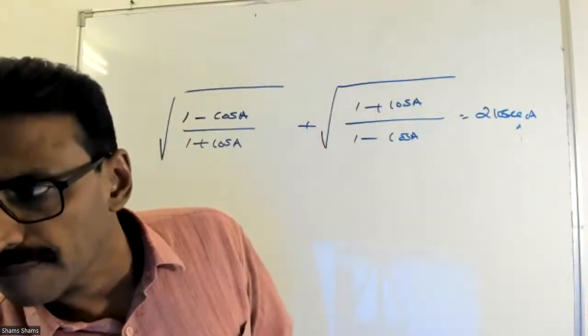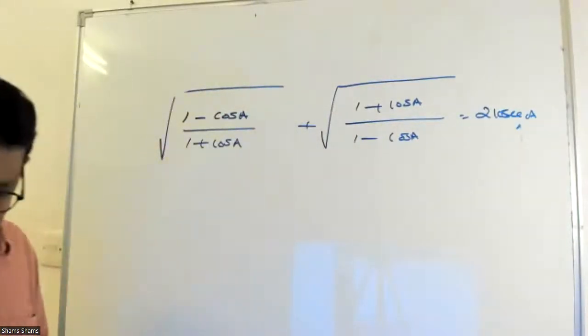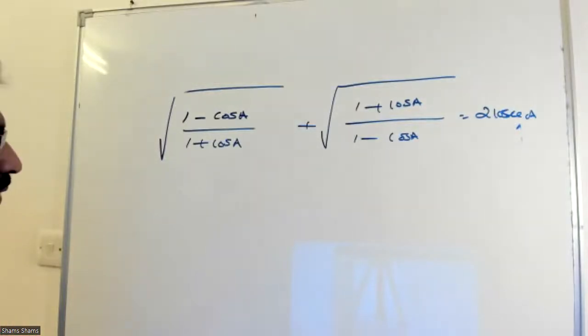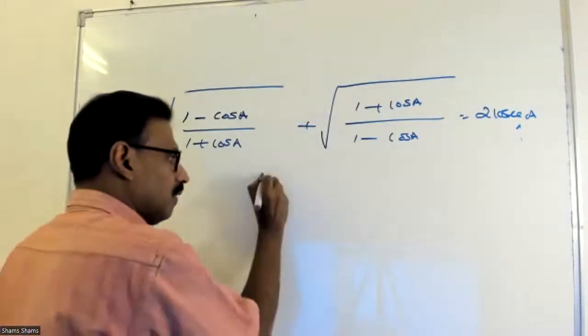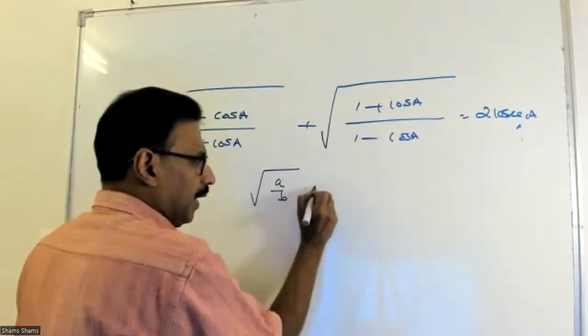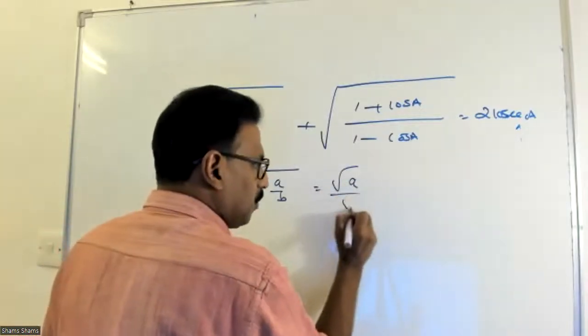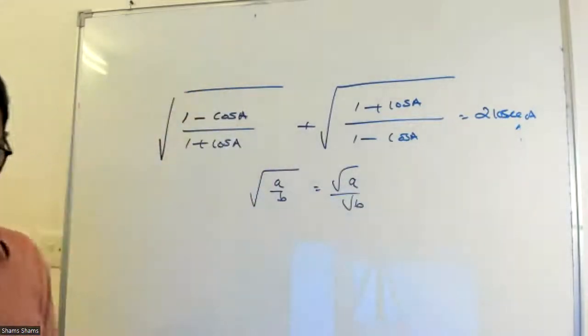Look at here. You know, root of a by b you can write as root of a divided by root of b. This we need.